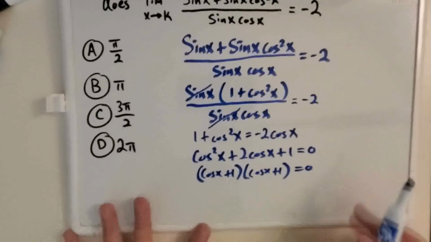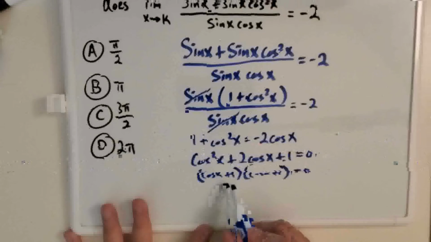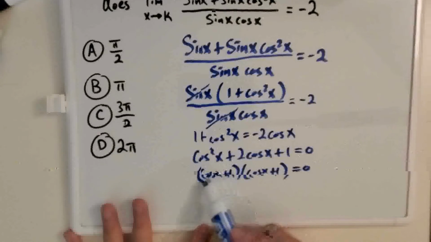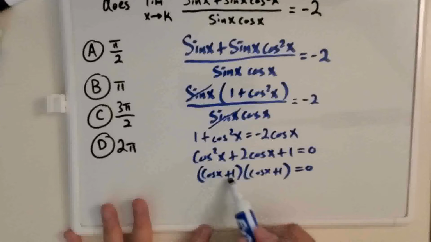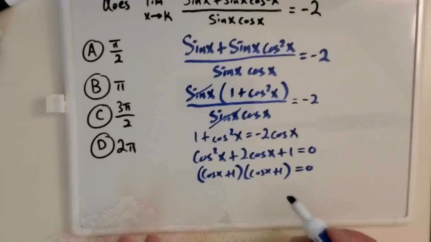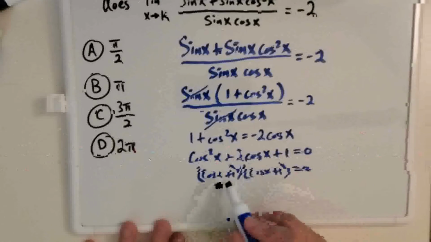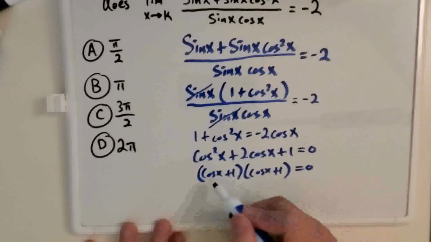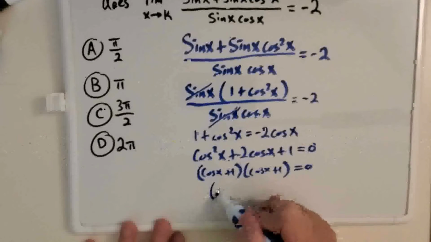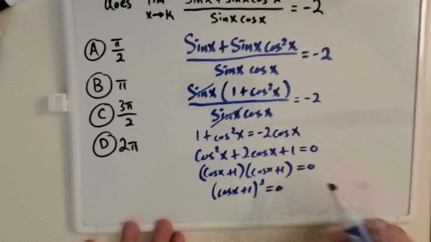So now we basically need to figure out what value would turn cosine x plus 1 into a 0. We can rewrite this as (cosine x plus 1) squared equal to 0.